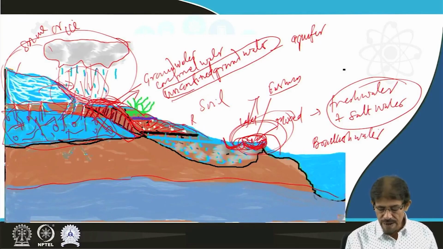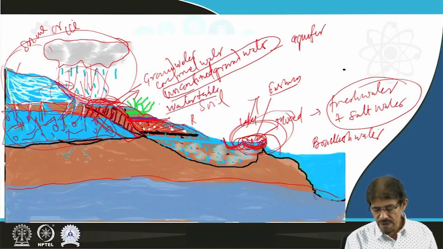The unconfined aquifer, here this level is representing the water table. Water table is the surface balancing this atmospheric pressure and this hydrostatic pressure due to saturation of water in this zone. Above this there is a capillary action, so we are recognizing as capillary zone. Above this we have aeration zone.